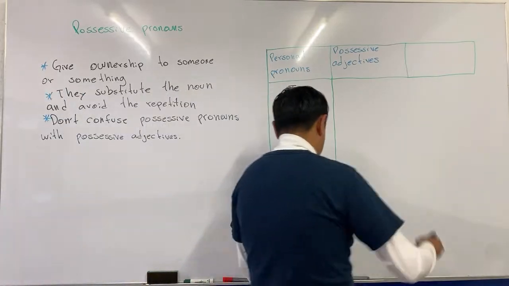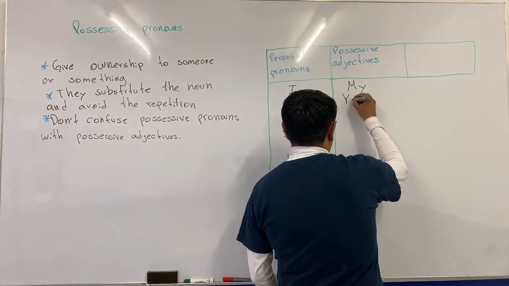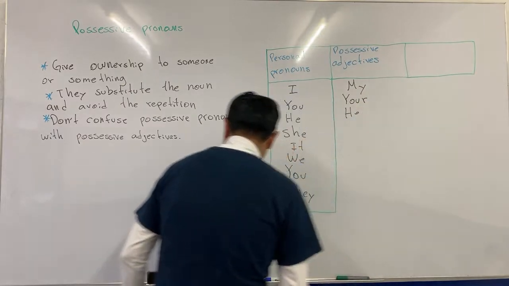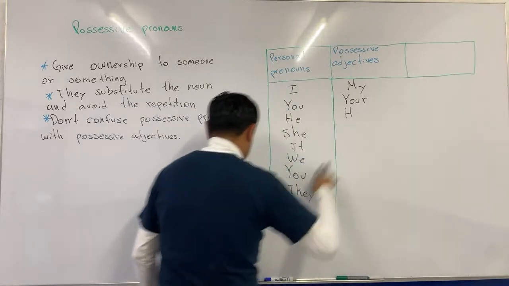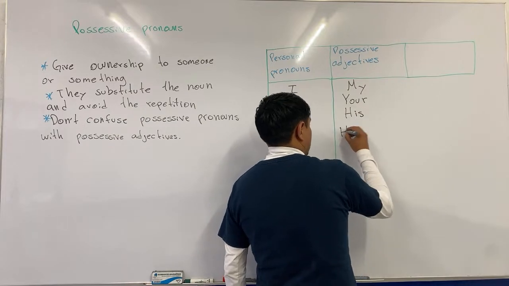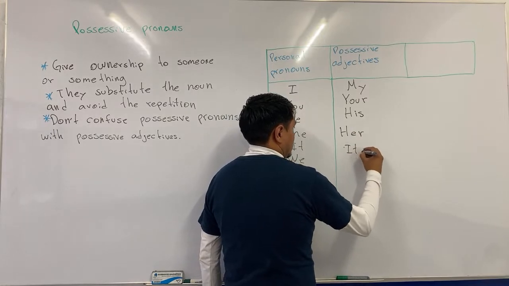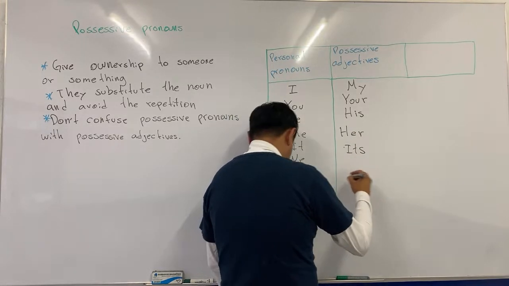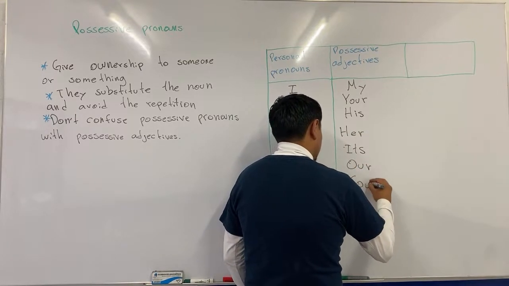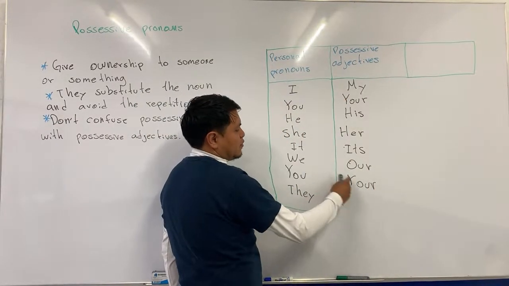So in this chart goes my, your, his, her, its, our, your, but in plural, this is for singular and this is for plural.